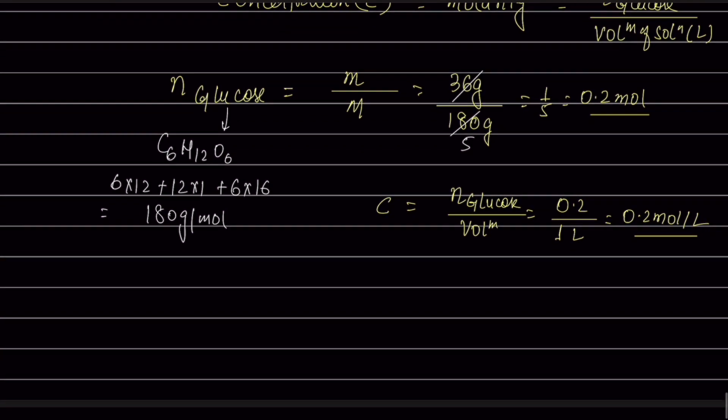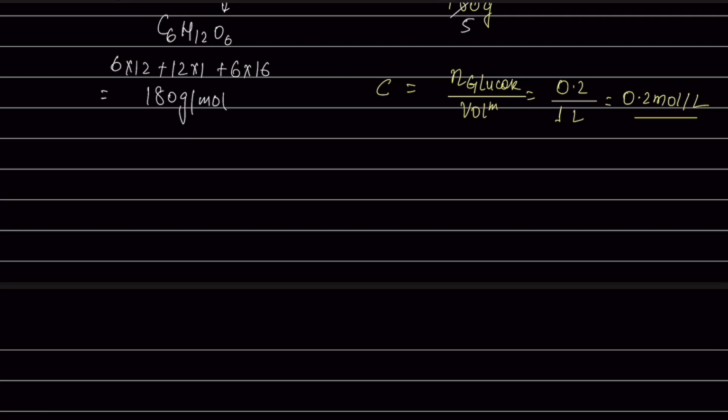Now let's use the second relation based on the second condition, where pi dash is equal to 1.52 bar. So here we can say that pi dash is equal to C dash RT.